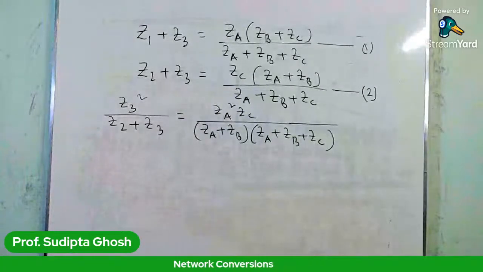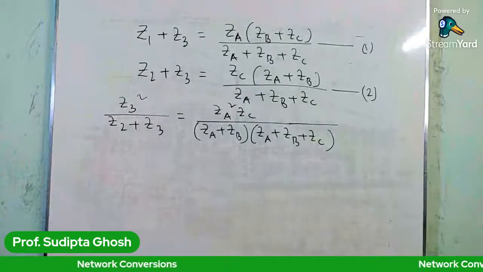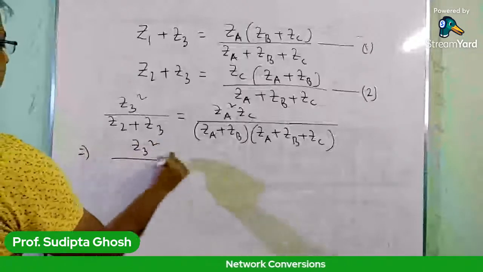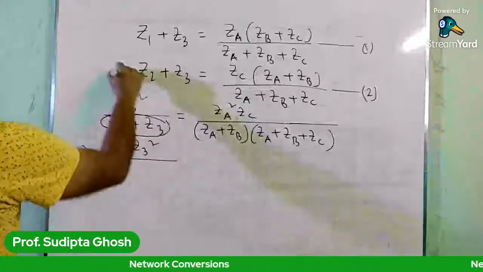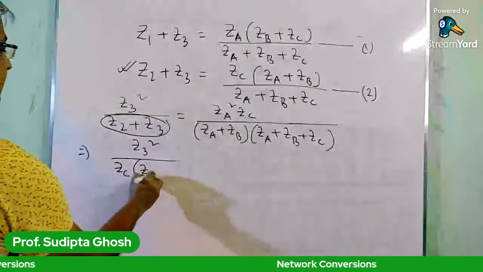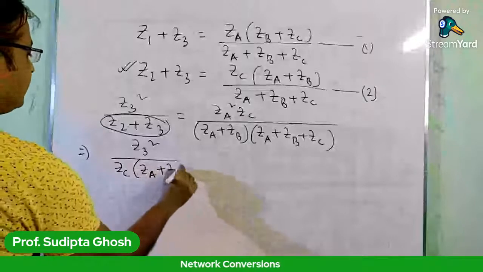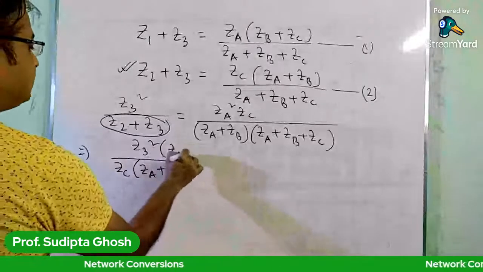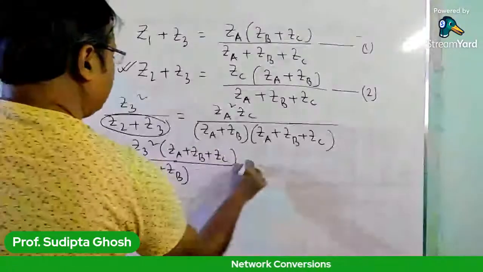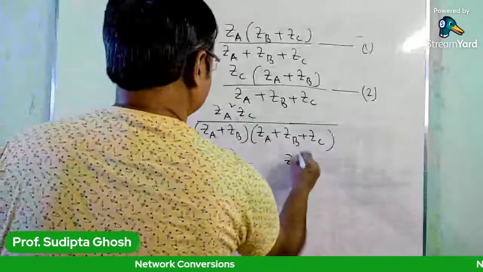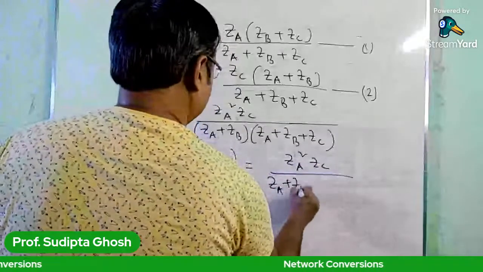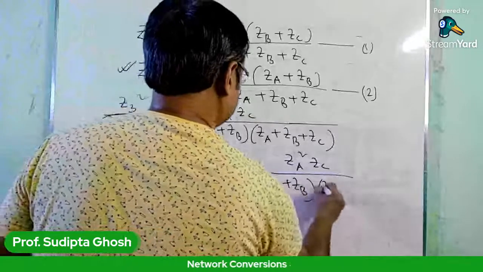So after substituting the value from equation 2, Z2 plus Z3 gives us ZC ZA plus ZB, and in the numerator it will be ZA plus ZB plus ZC, keeping the right hand side intact, that is ZA square ZC divided by ZA plus ZB into ZA plus ZB plus ZC.